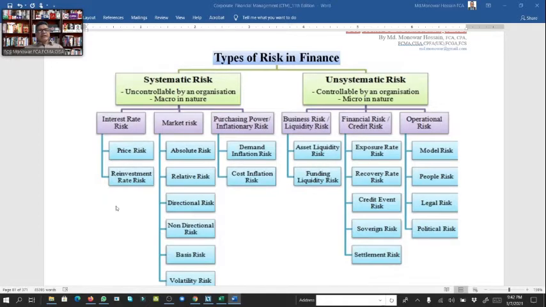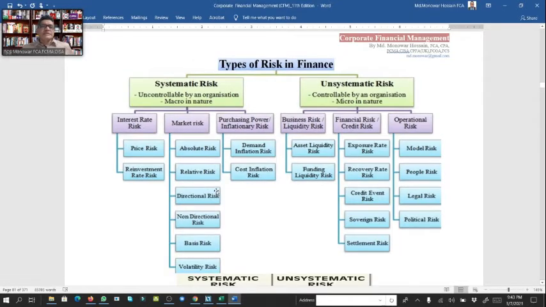on price risks and reinvestment rate risks, and market risks: absolute risks, relative risks, directional risks, non-directional risks, basis risks, volatility risks, etc. are the market risks. And purchasing power or inflation risks: demand inflation risks and cost inflation risks.